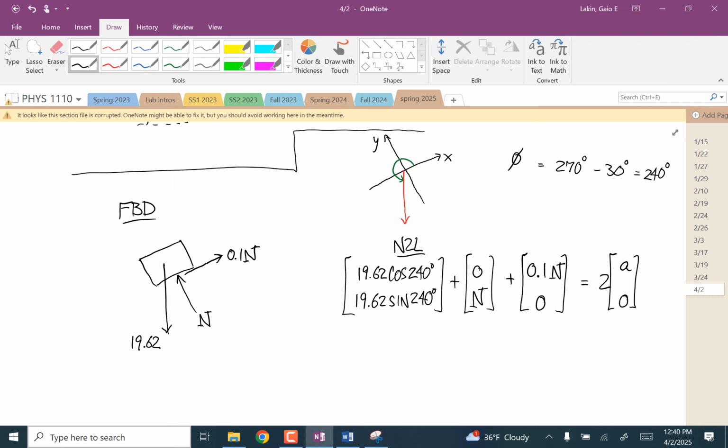All right, so how are we going to solve this? Well, let me calculate that vector first, and then we'll do it.